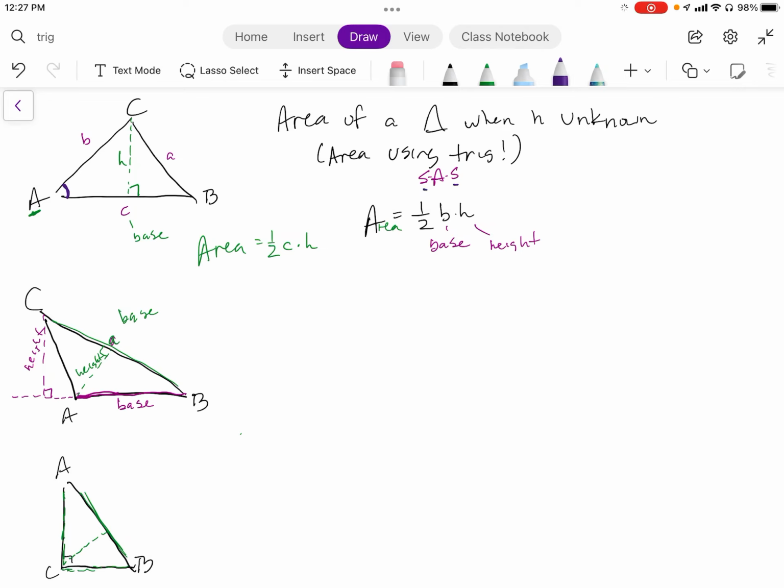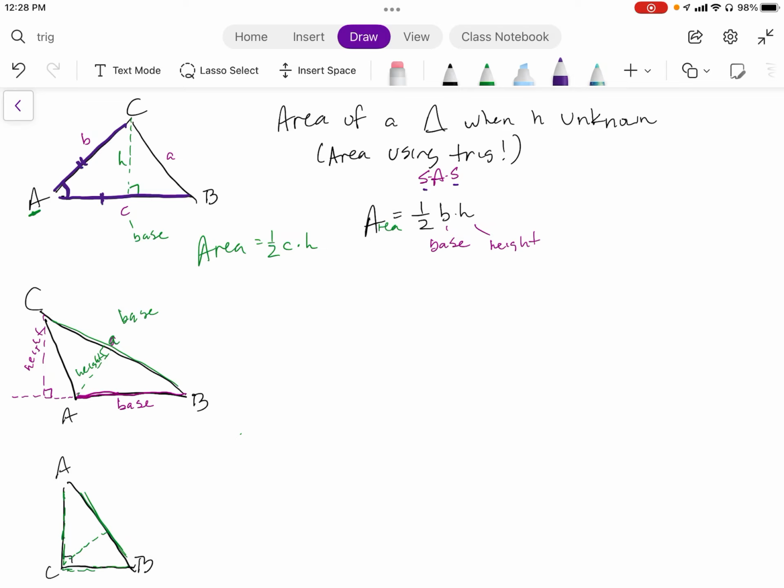So if I knew the base c, and say I knew this length b and the included angle A, there's, from geometry, side, angle, side. I'm not marking congruent, I'm just saying I know this and I know this. Well, h can then be expressed using sine of A.